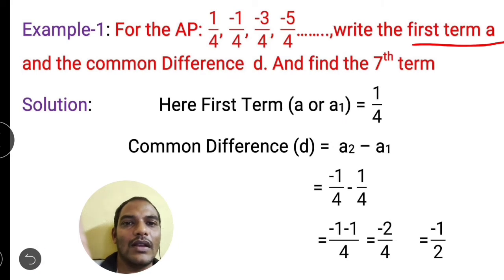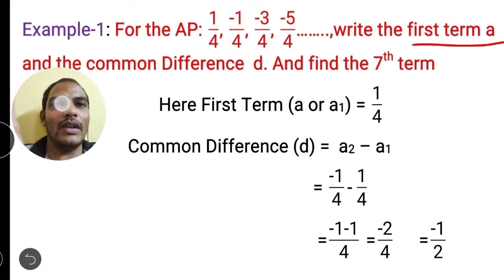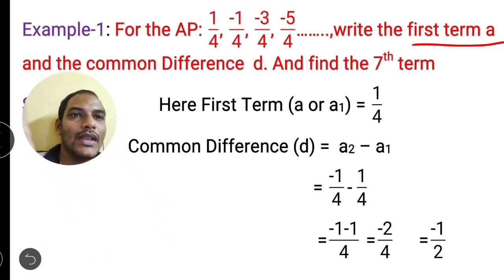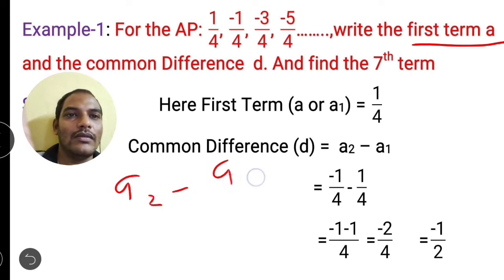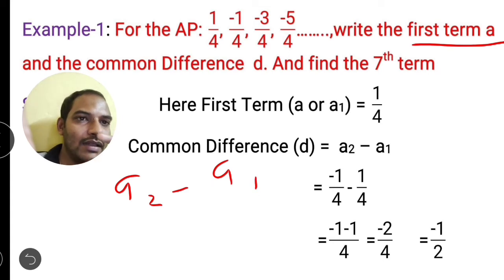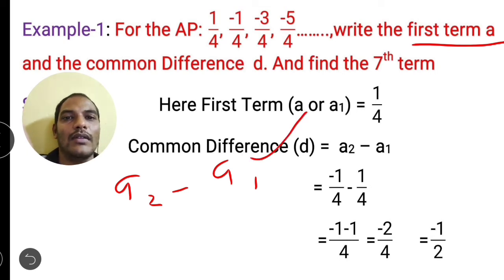Next, common difference d. To find the common difference, we have a formula. So what is that formula? a2 minus a1, because we are adding the fixed number to the preceding. So to get the common difference, we need to use the formula a2 minus a1.